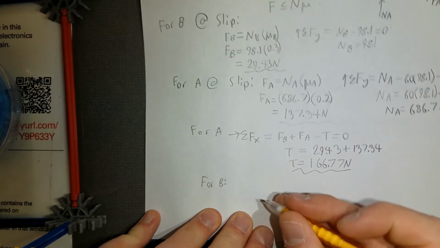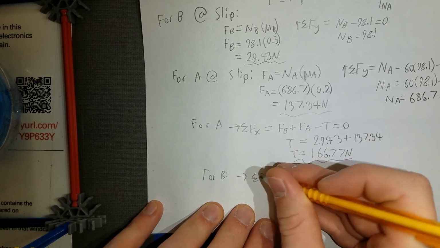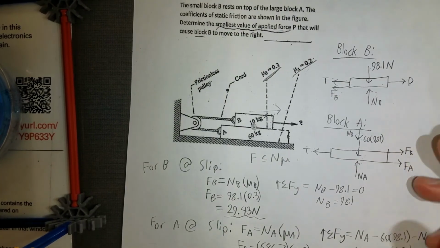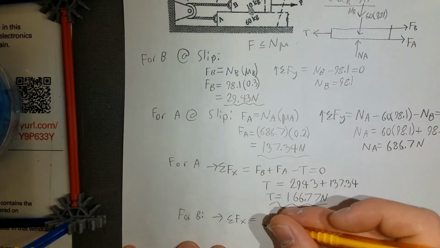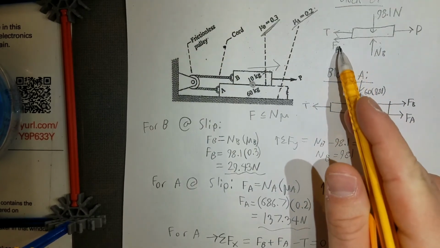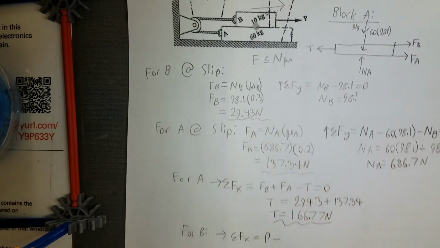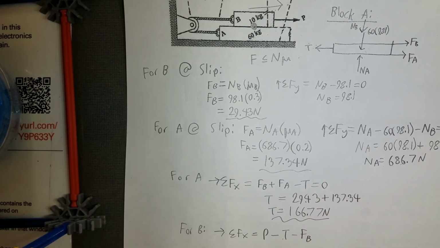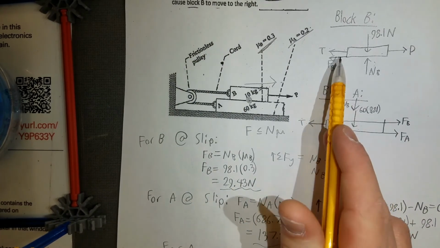For B, we're going to go ahead and sum the forces in the X, and we've got P acting to the right, so a positive P minus T minus force of friction B, because these are going to the left.